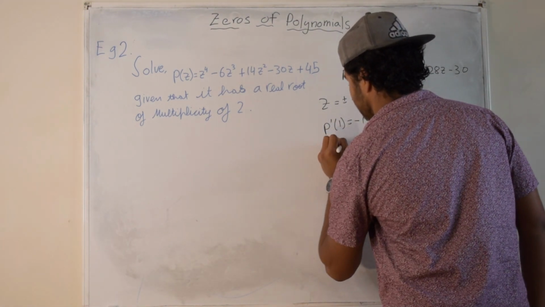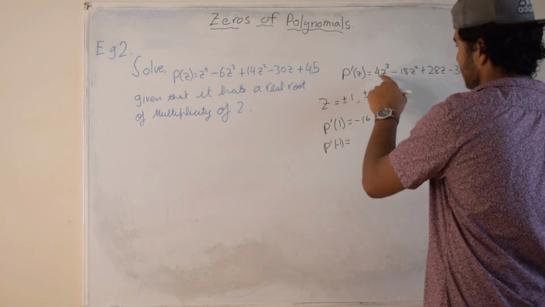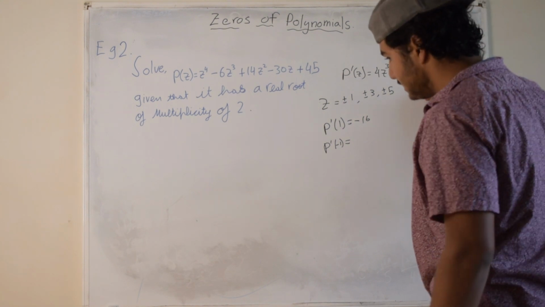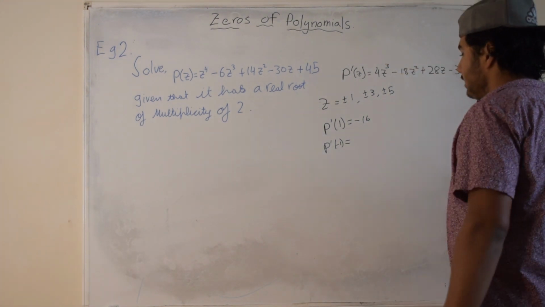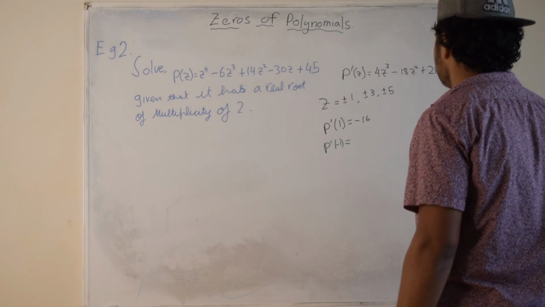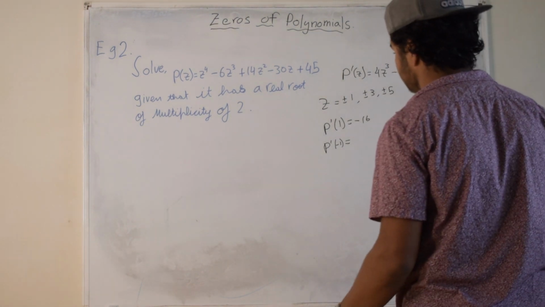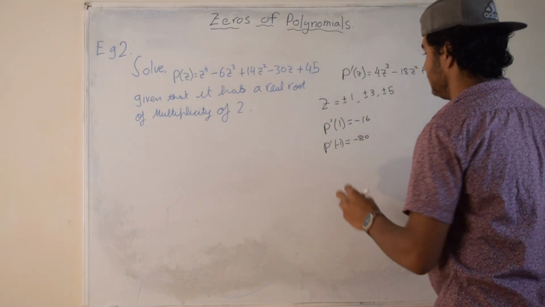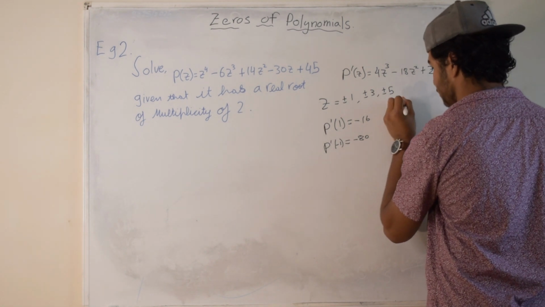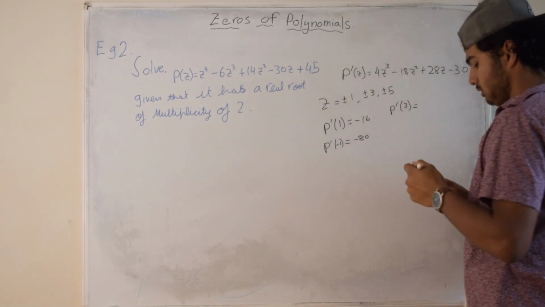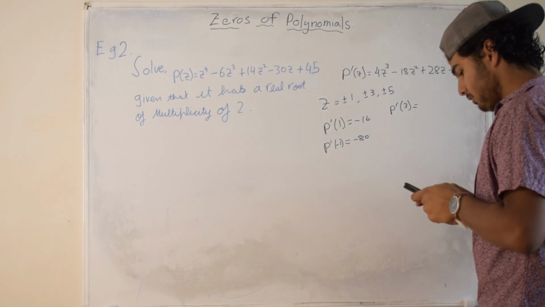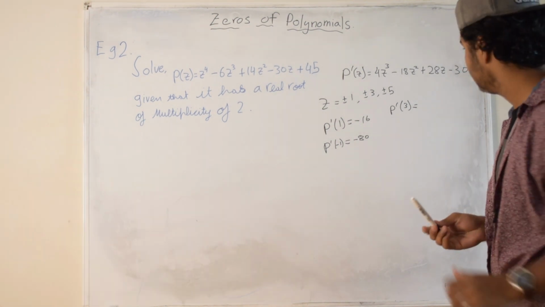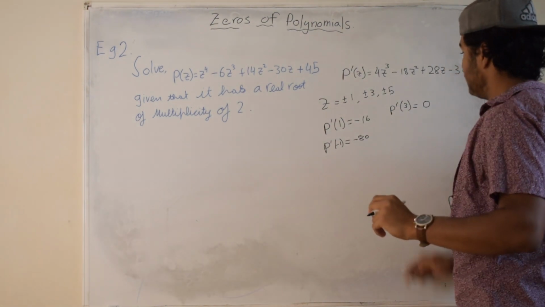P dash of negative 1, nope, not our answer. P dash of 3, put it in my calculator. I did it earlier. Gives me 0. So that's what we were looking for.